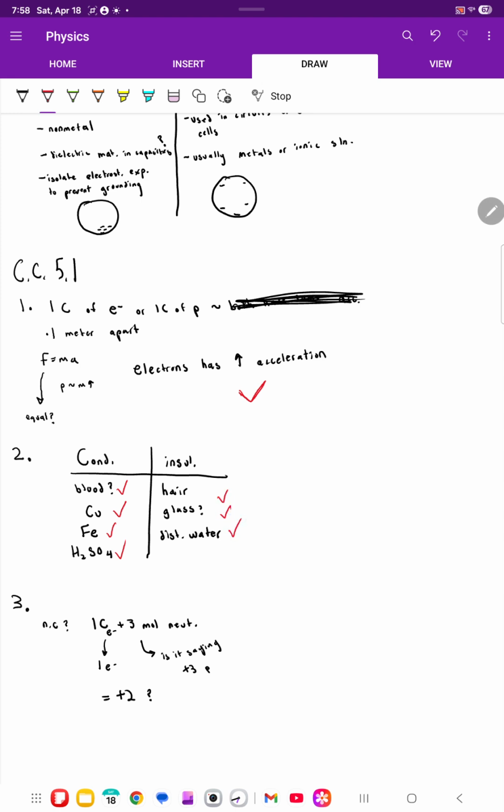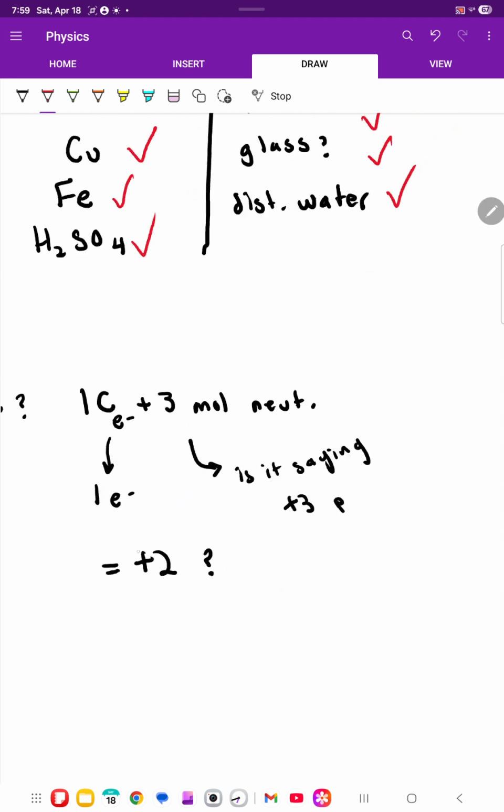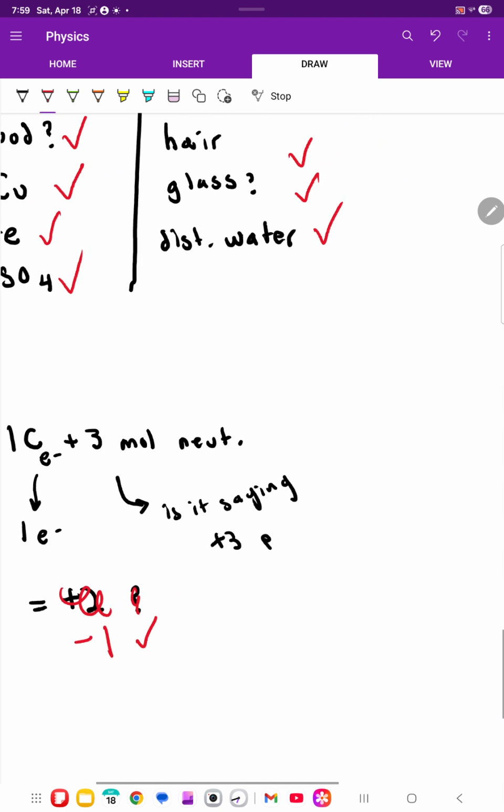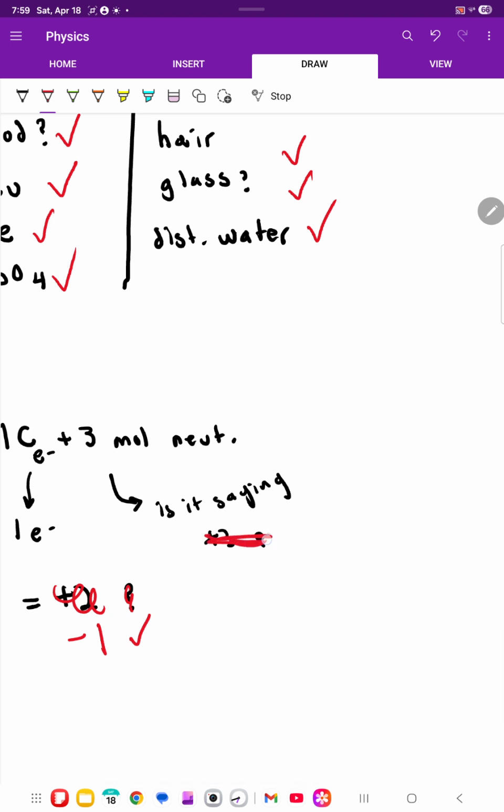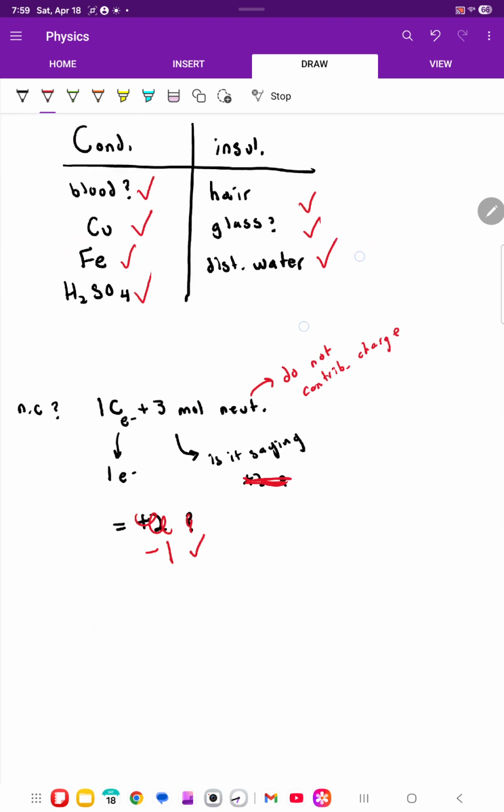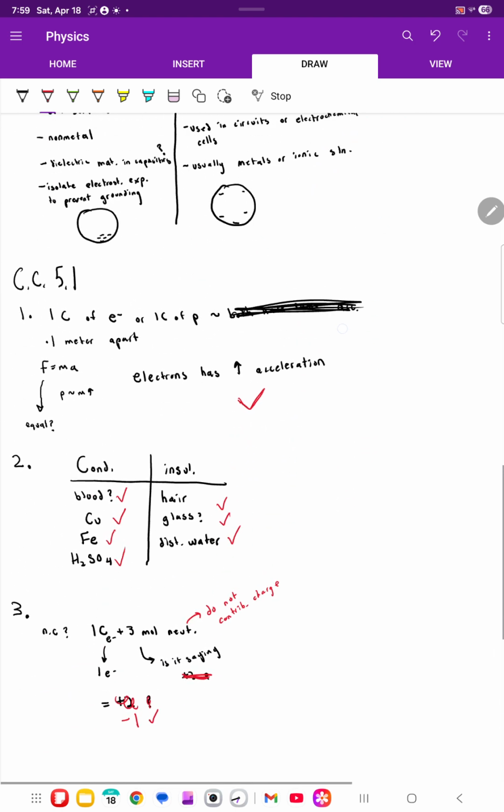And for 3, my answer was wrong. It's just -1, because neutrons do not contribute charge. That's why. I see.